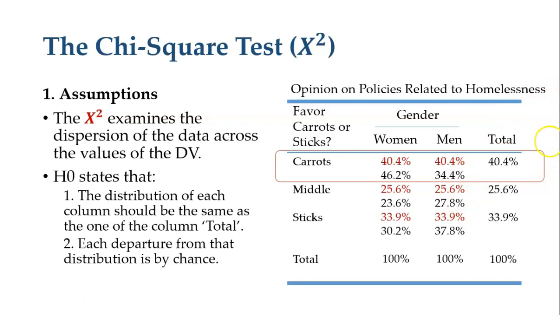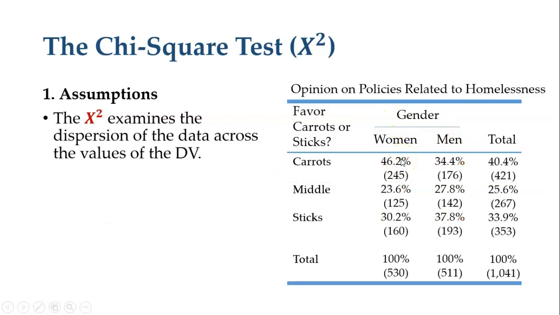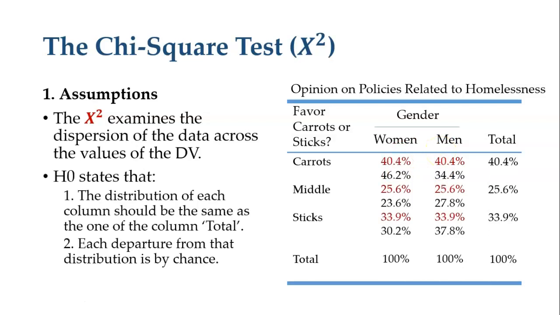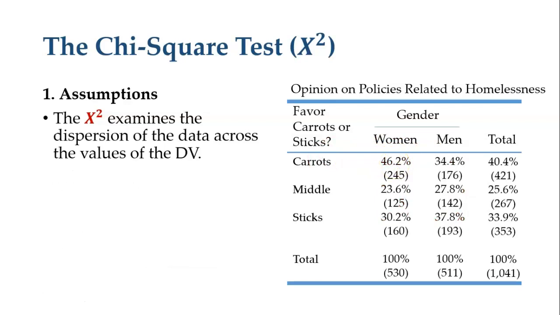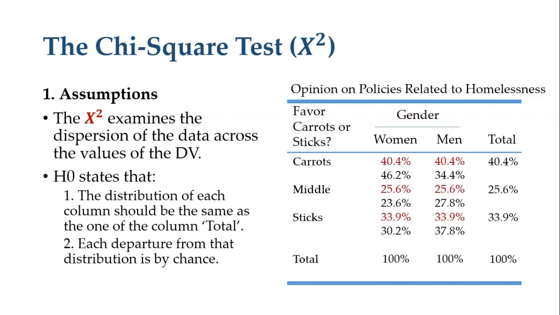So you are saying that if the null hypothesis is correct, the total distribution of this column should be reflected in the different categories of our independent variable. Okay, so instead of something like a 46.2, for instance, in the cell of carrots and women, we should see something like a 40%. Instead of 46% falling in this category, you should expect something like a 40% falling in that category. And the null hypothesis claims that any departure from that distribution is just random. Okay.